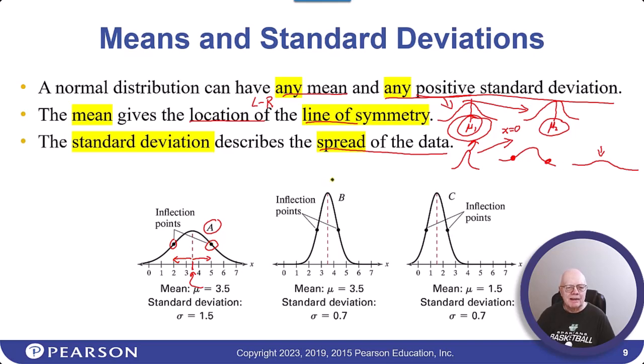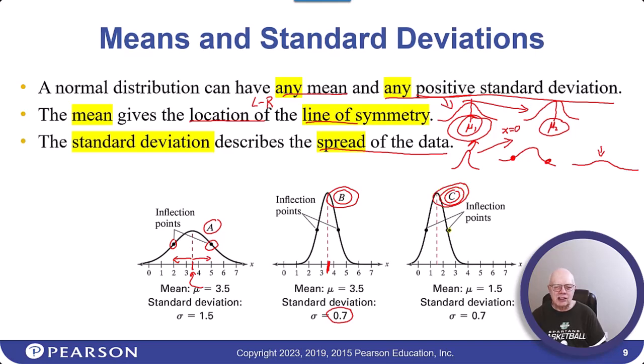Now, let's take a look at B. Now for this one, notice we've got the same mean. So its location of the axis of symmetry is at the same place. However, the standard deviation is smaller, which means it doesn't have as much spread. That means it's squished together, so to speak. That's B. Over here it's C.